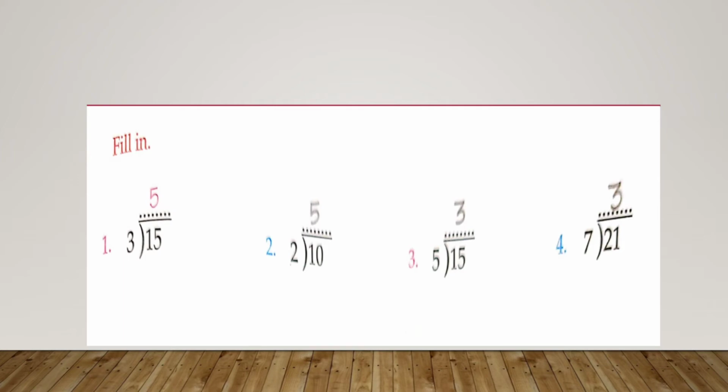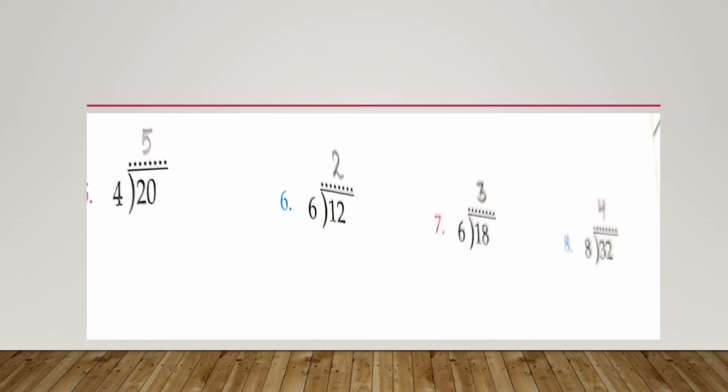Now let's do the fifth part. Here 20 divided by 4. So children, read the table of 4 till you get 20. 4 1s are 4, 4 2s are 8, 4 3s are 12, 4 4s are 16, 4 5s are 20.